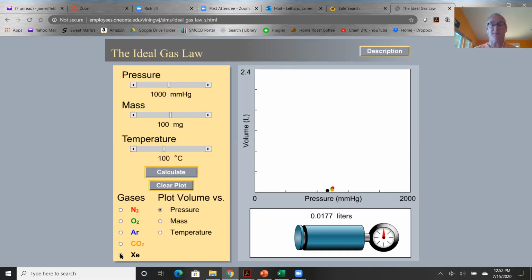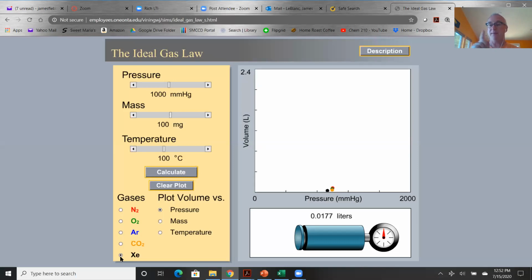And so its volume is going to be smaller. Nitrogen has a mass of around 28 grams per mole, so I get that number of liters. But when I pick xenon, which is much bigger, the volume is a lot smaller because that's fewer moles of xenon.